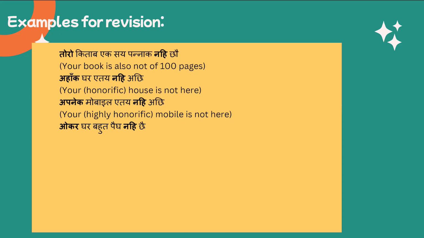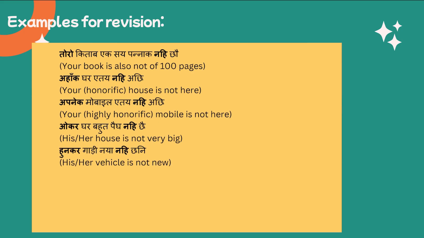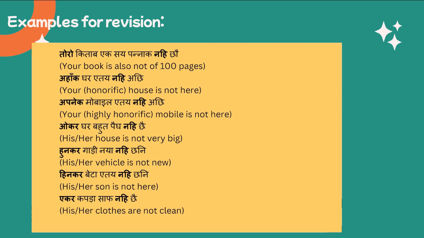Here the word पैघ means big. हुनकर गाड़ी नया नहीं छनि. हिनकर बेटा एतय नहीं छनि. Here हिनकर is again honorific and the agreement marker changes to छनि and negative remains the same. एकर कपड़ा साफ नहीं छै. So those were some examples.